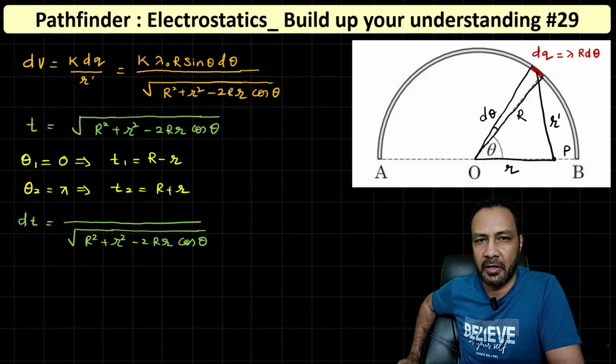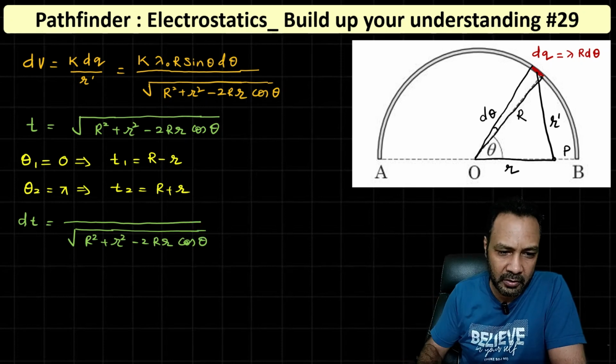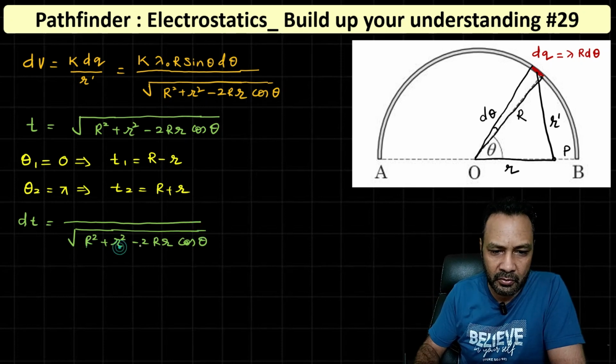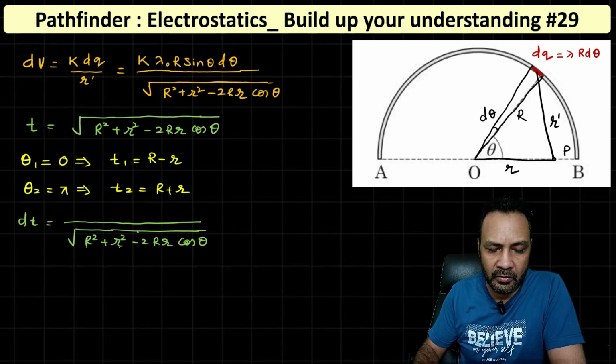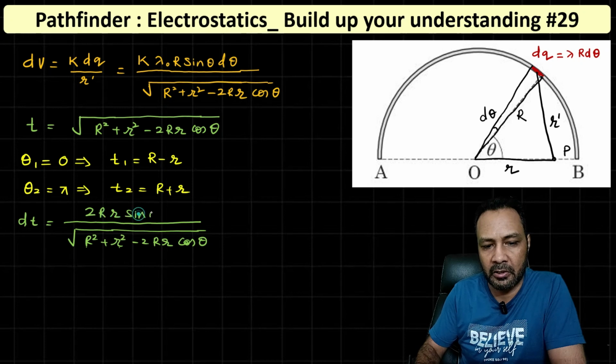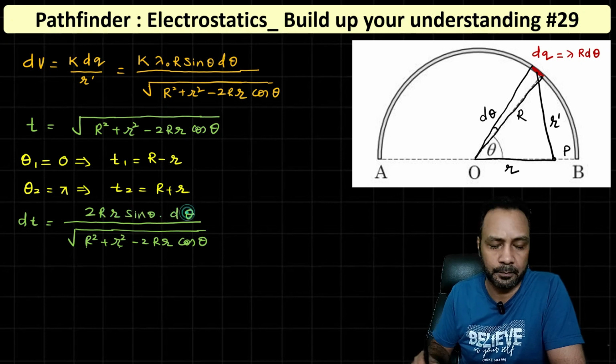Go inside the square root and differentiate. This is a constant, this is a constant, this is a constant, only cos theta is variable, so the derivative of the term minus 2 capital R small r cos theta is 2 capital R small r sin theta, and then there should be d theta.